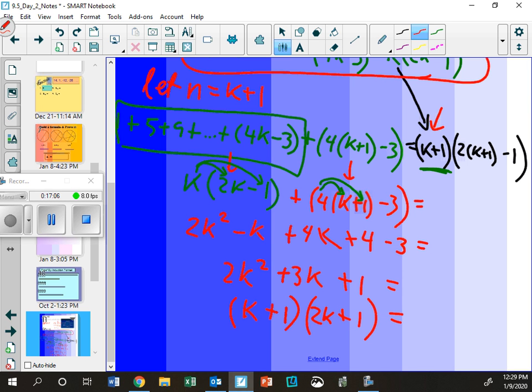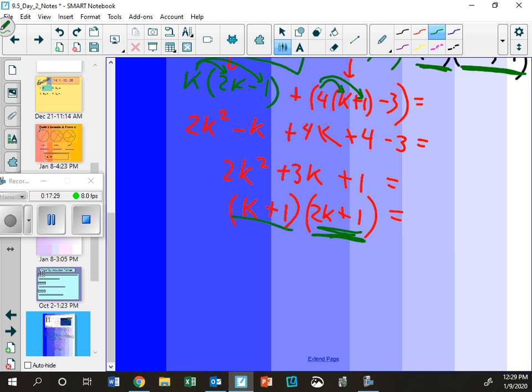Awesome. Now, here's the stroke of genius that you need to pull it off the rest of the way. So you look and see, well, I've already got that, and that's that, so I'm good so far. And I somehow need to get this to look like this. It'd be really nice if I could factor a 2 out somehow. So I overheard a kid say this in this room.